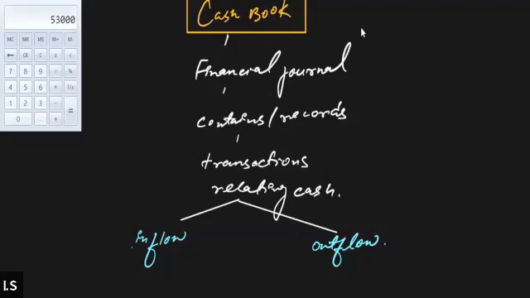So cash book, you can say, is a book that records the cash related transactions only. It contains the inflow and outflow of cash.